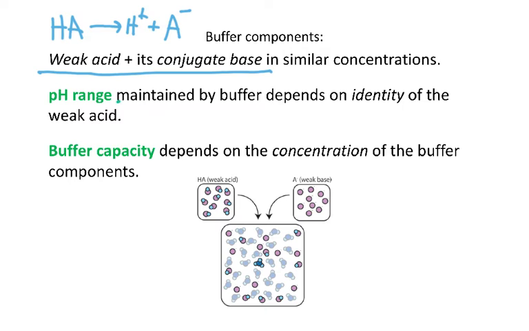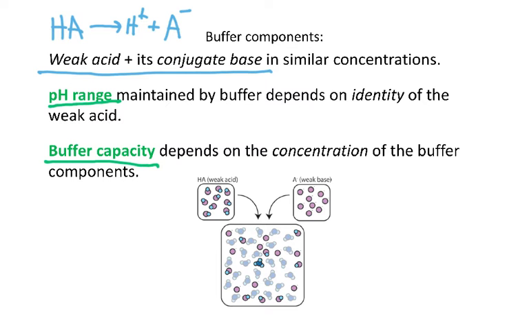The pH range at which a buffer works, or at which it maintains fairly constant pH, depends on the identity of the weak acid, and the buffer capacity, like how much acid can it resist, depends on the concentration of the buffer components.